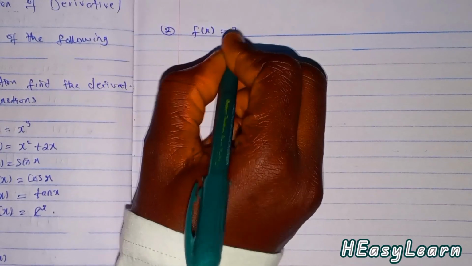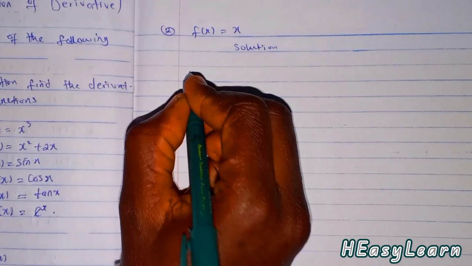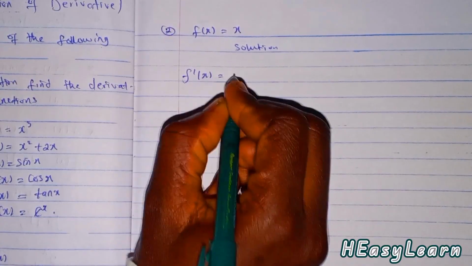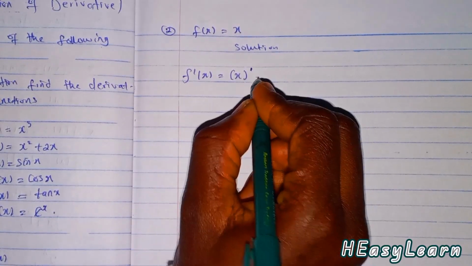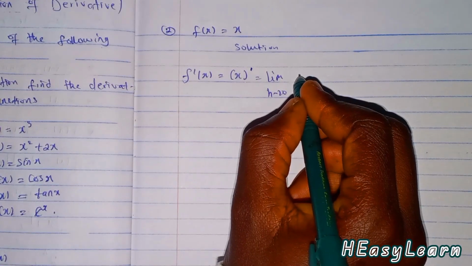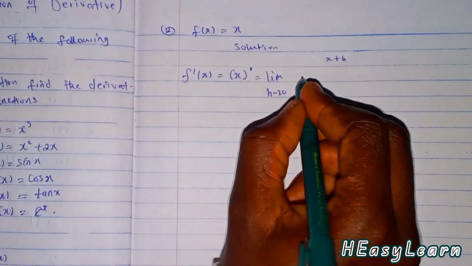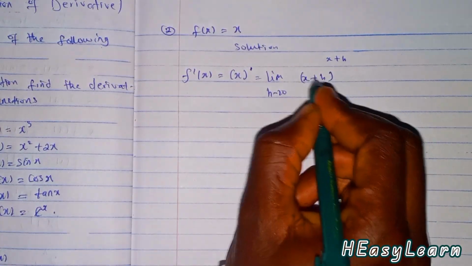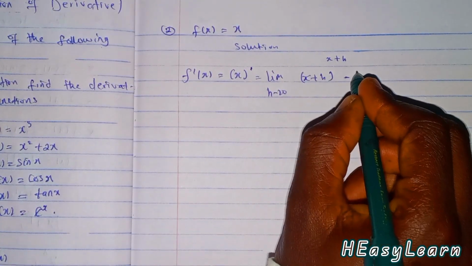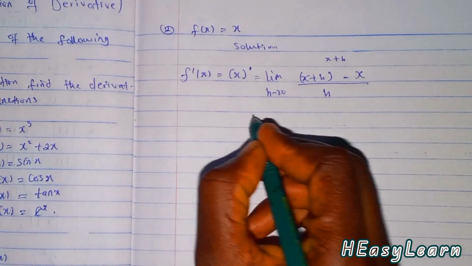f of x equals x. To use first principle to find the derivative, f prime of x equals x prime, the limit as h approaches 0 of the function, plugging in x plus h where there is x, minus f of x, which is x, over h.